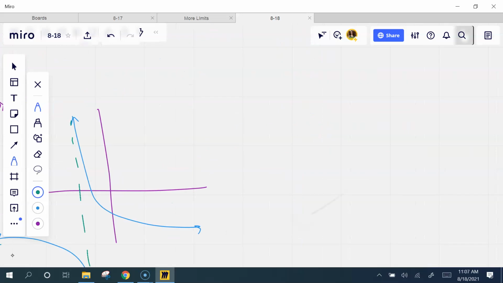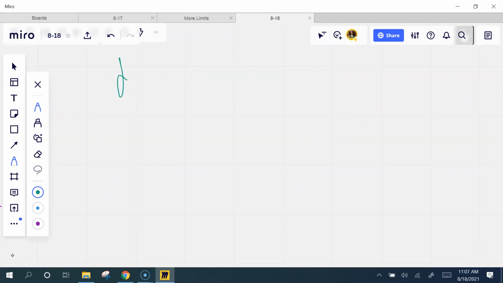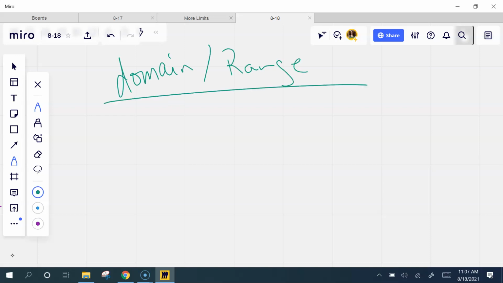Let's talk about domain and range. Tell me some things that restrict domain. First of all, what is domain? Domain describes x, right?